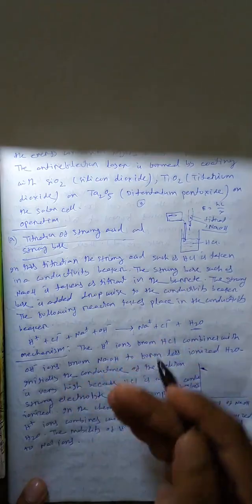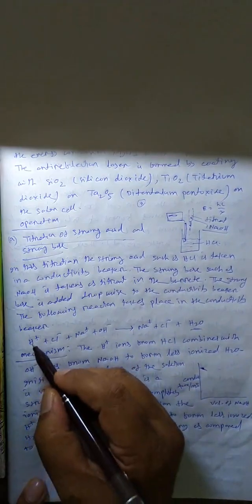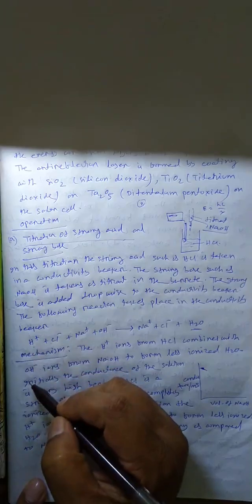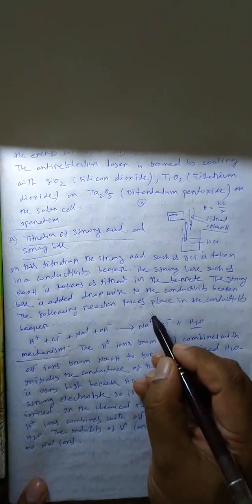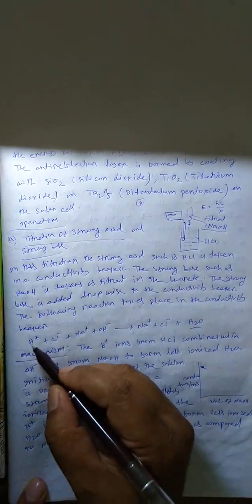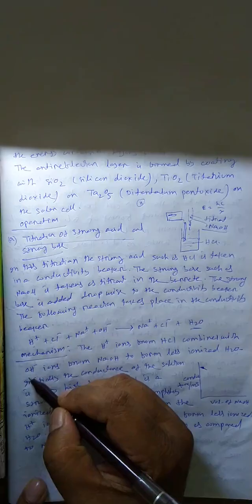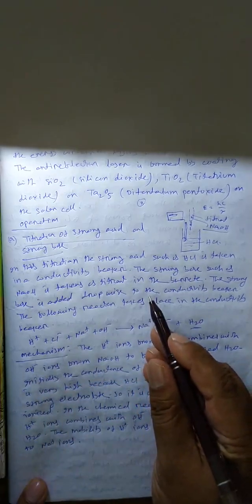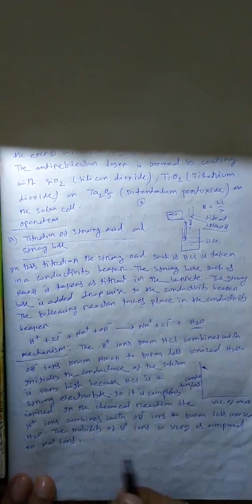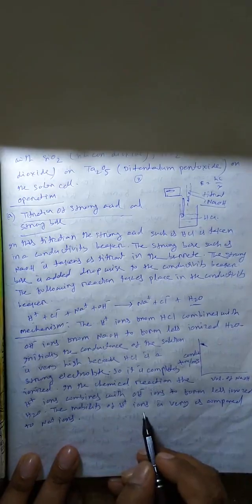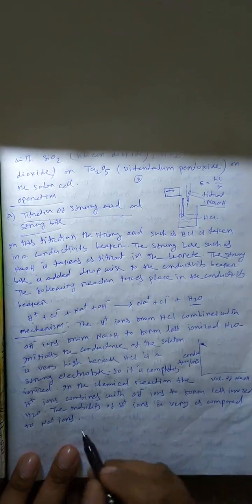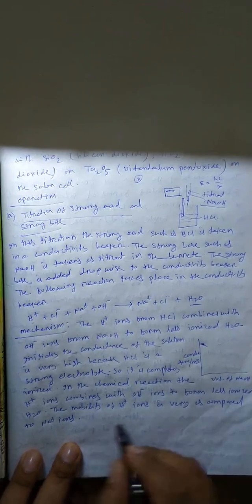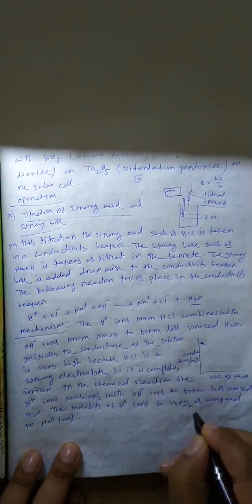As the reaction progresses, the concentration of H plus ion decreases and the concentration of Na plus ion increases. The number of moles of H plus ion that decreases, the same number of moles of Na plus ion is formed. So the number of ions is not the main point, but the mobility: the mobility of H plus ion is very high as compared to Na plus ion.